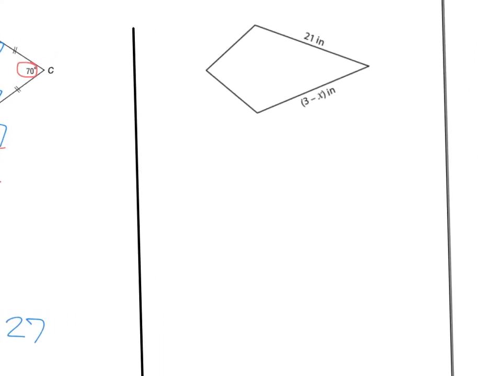All right, and lastly, we're going to talk about finding the value of x in this kite. Now remember, we have 2 pairs of congruent adjacent sides. So that means we have 2 sides that are congruent, but they have to be attached to each other. So we have 2 pairs of those. So I see that these sides have to be congruent and these sides have to be congruent.